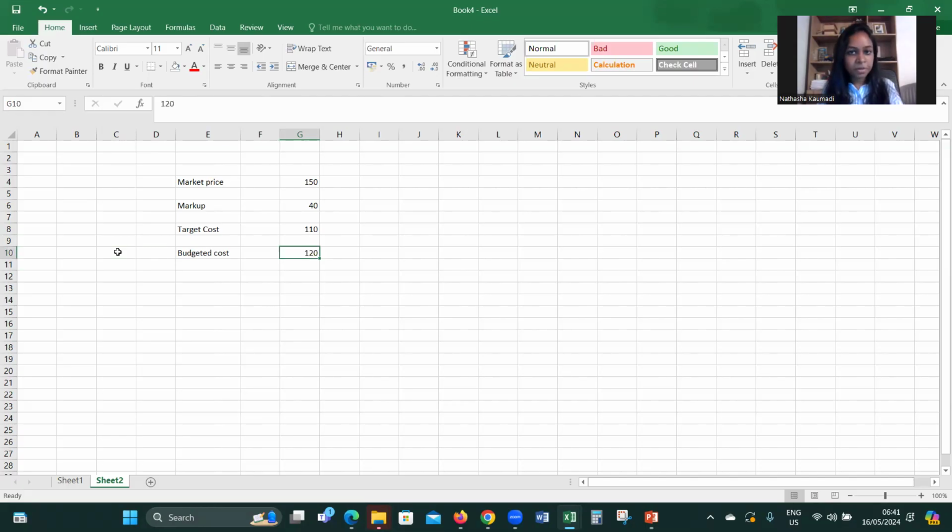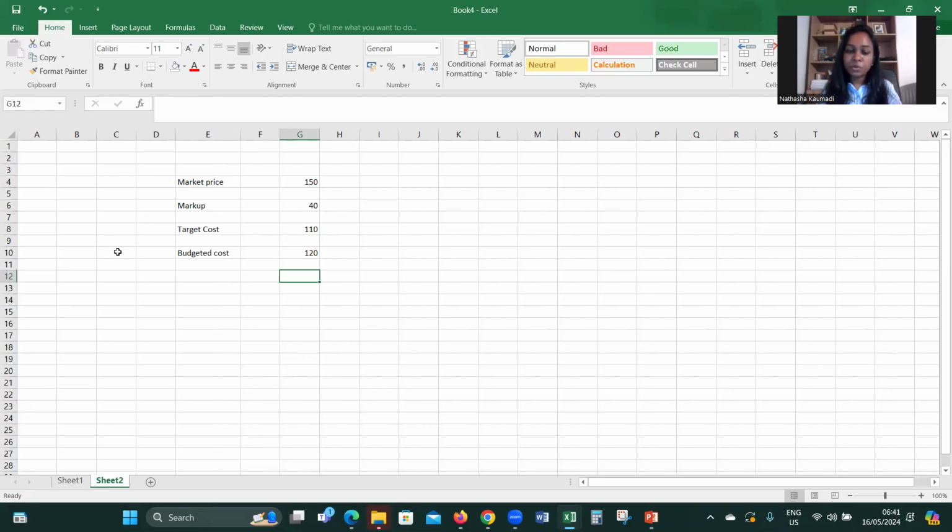Now, is there a problem? Yes. If you want to sell at 150 and earn a 40 rupees markup, your cost should be 110. That is your target. But when you budget your production cost, you have 120 rupees. Then what is the problem?